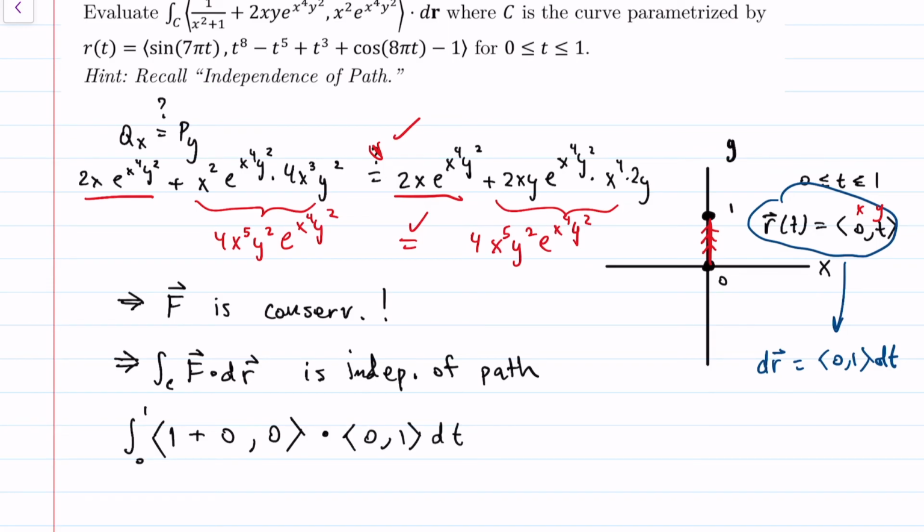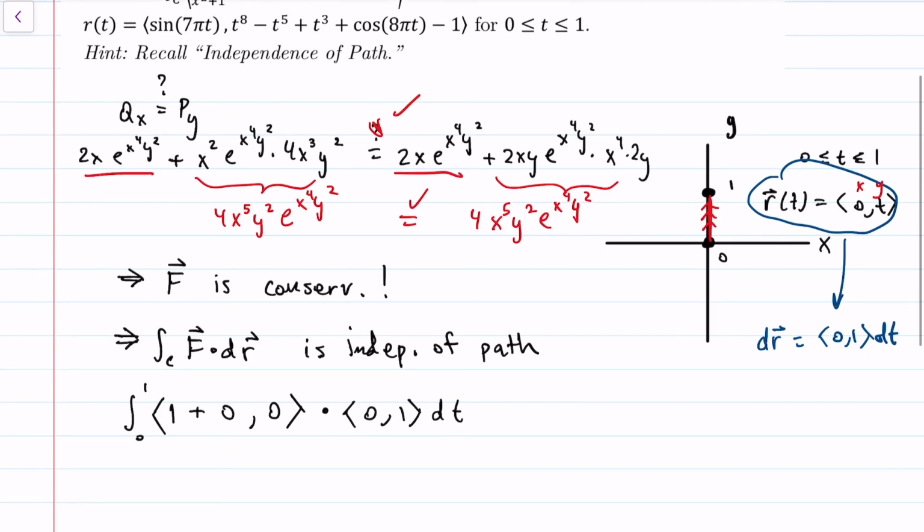So 1, 0 dot 0, 1. That's just 0. So in fact this integral is just 0, which I think is a little anticlimactic, but that's just the answer we get here. So we have the integral of 0, and that's just 0.